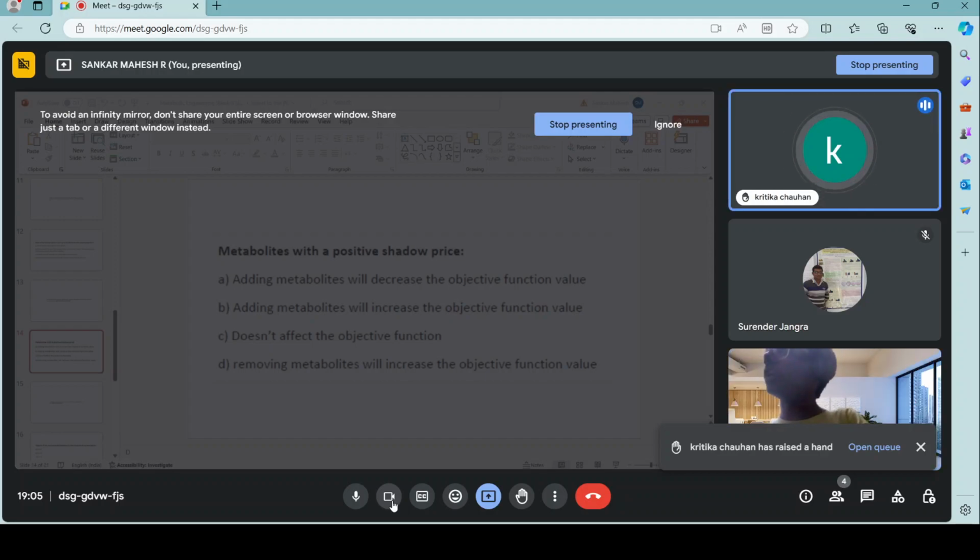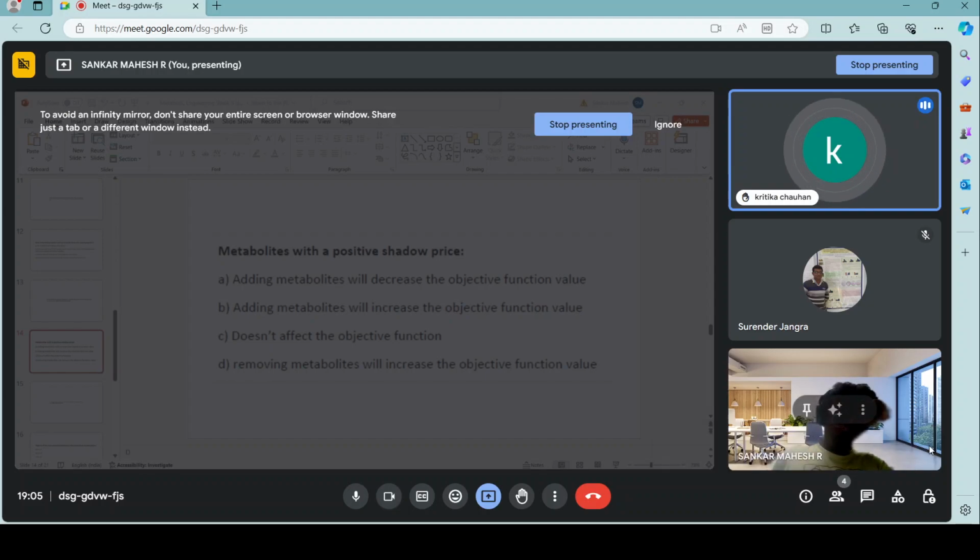Yes, sir. So basically, the basic definition is that it's a derivative of the objective function with respect to the exchange flux. If there is any change in shadow price, this will affect the exchange flux, and then our objective function will also be affected. For example, here, if metabolites have a positive shadow price, that is, our shadow price value is greater than zero, that means our exchange flux will change.